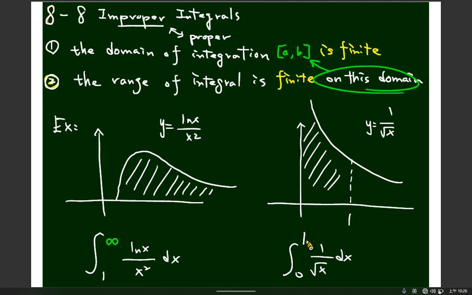So even though these two limits are finite numbers, we still encounter a problem: if we want to calculate the integral, one of the ends will reach an infinite number. Okay, so this belongs to the type 2 improper integral.